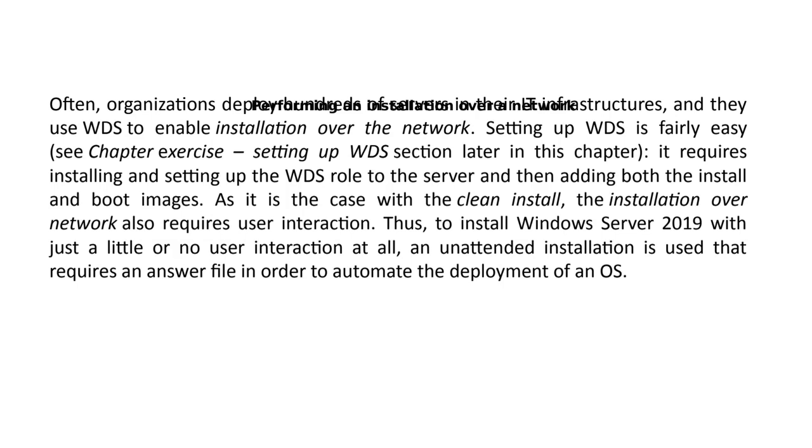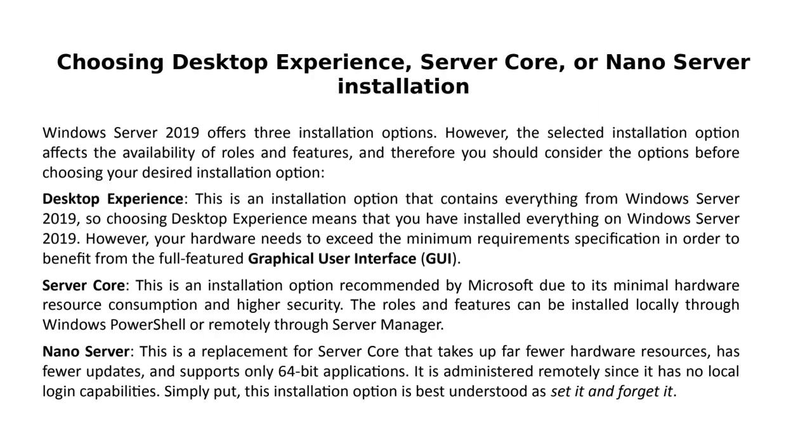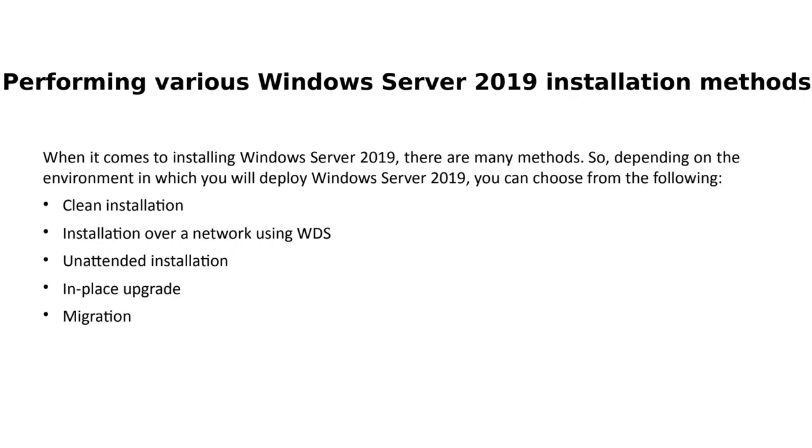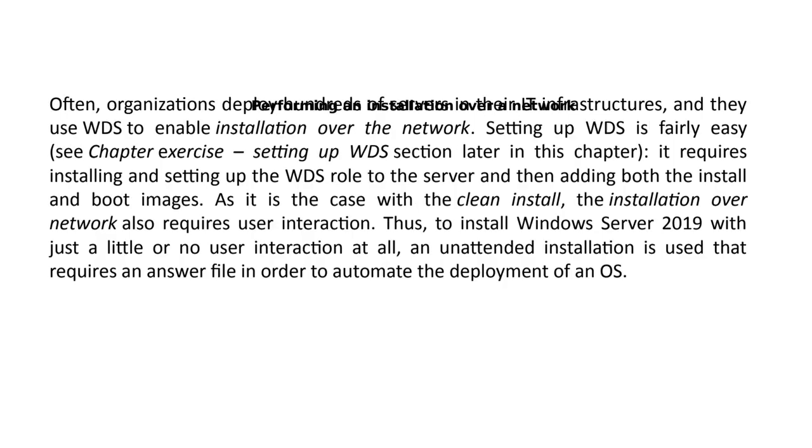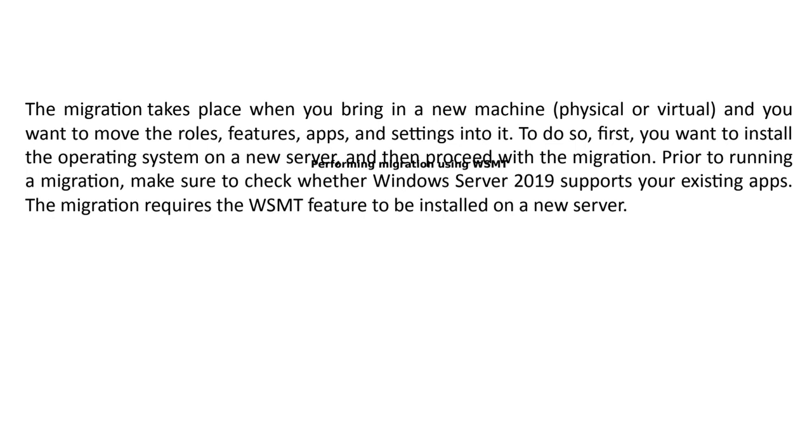The second one is the network installation, or installation over the network. You need to have the WDS tool in order to be able to do it, and you need to have a good network connection, good bandwidth.